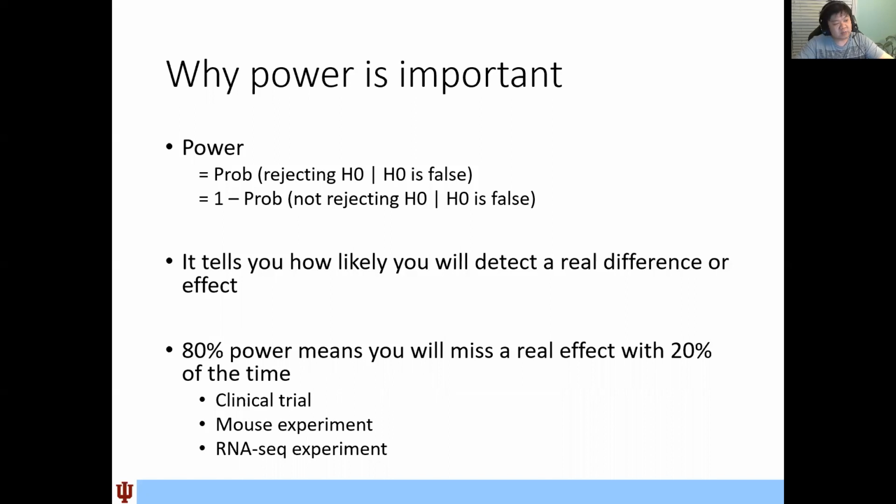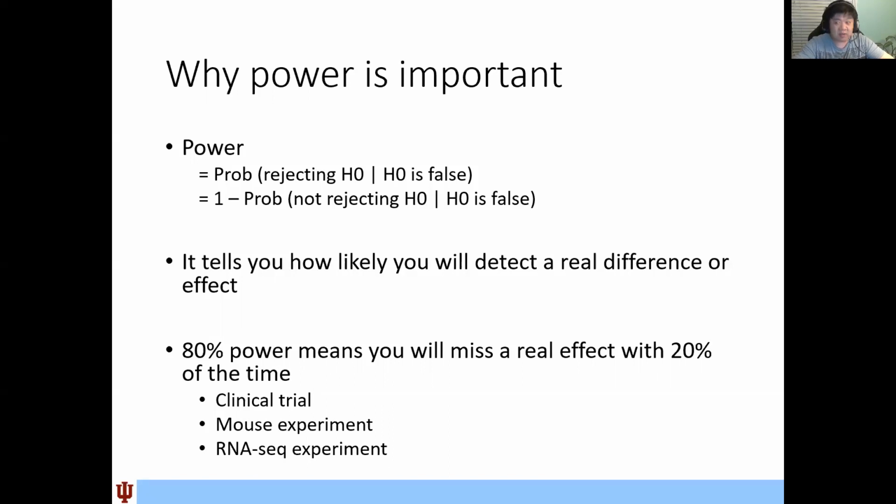And statistical power is critical, especially for very expensive experiments, for example, a clinical trial. The statistical power describes, if there is a true effect, how likely you will detect it.